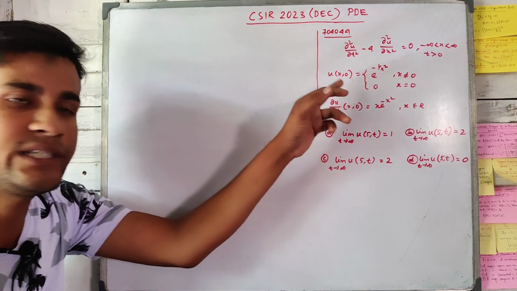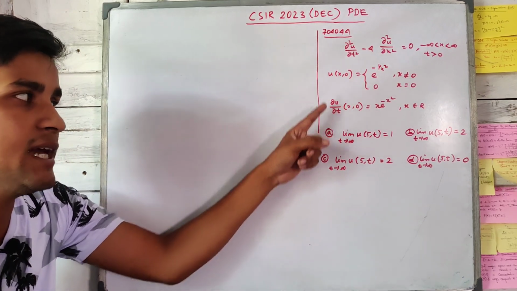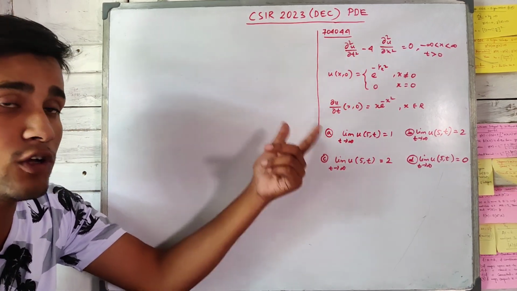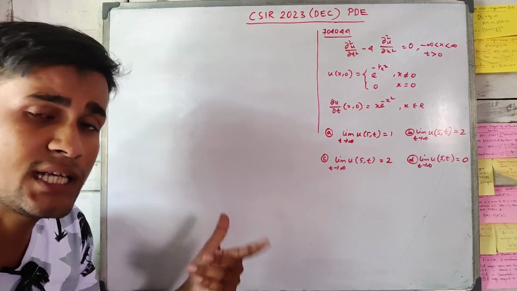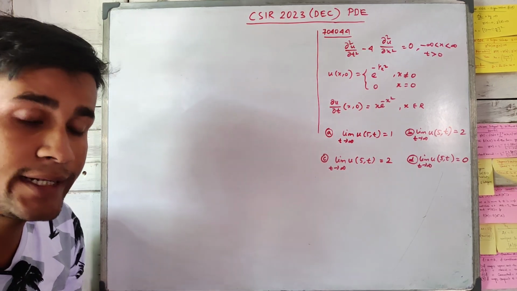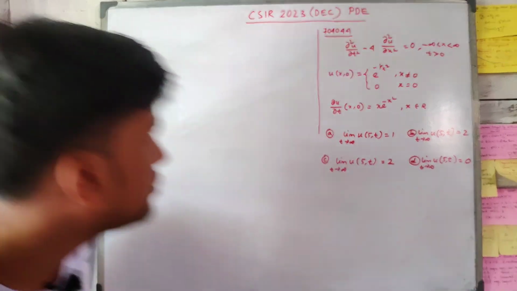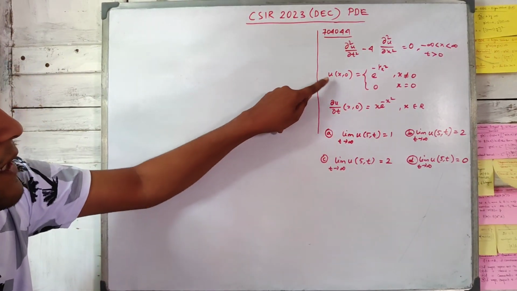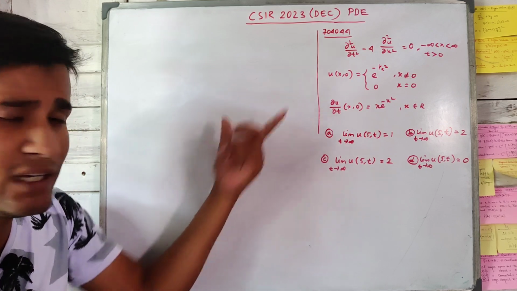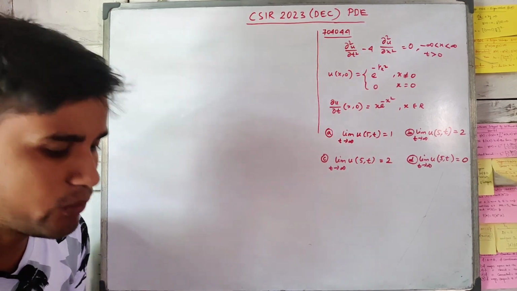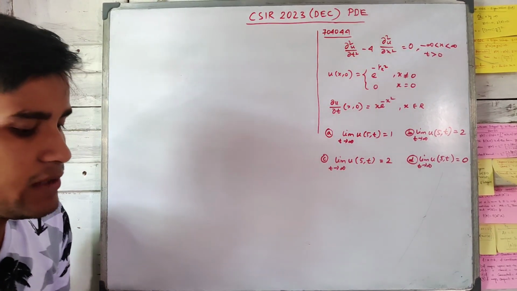So these are basically the functions f(x) and g(x) which we use in the solution of the wave equation if we solve using the D'Alembert solution. You can use it, but this function is some different type of function given in these questions. But no way, let's start.